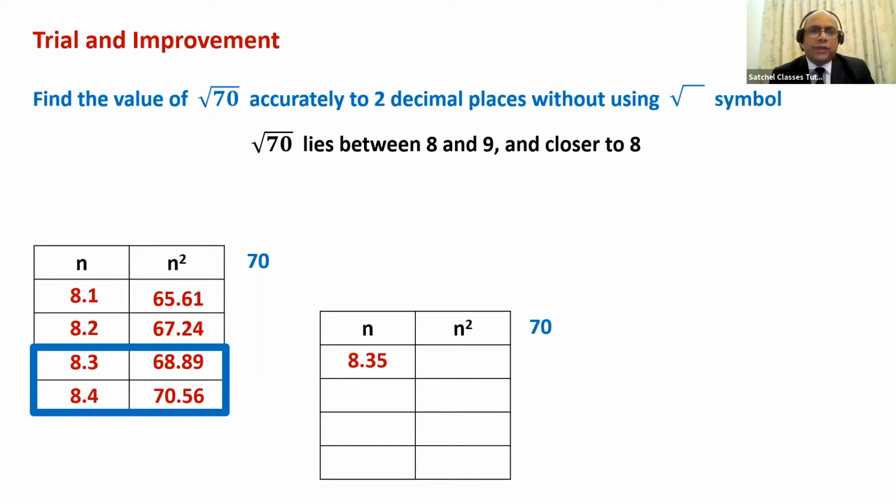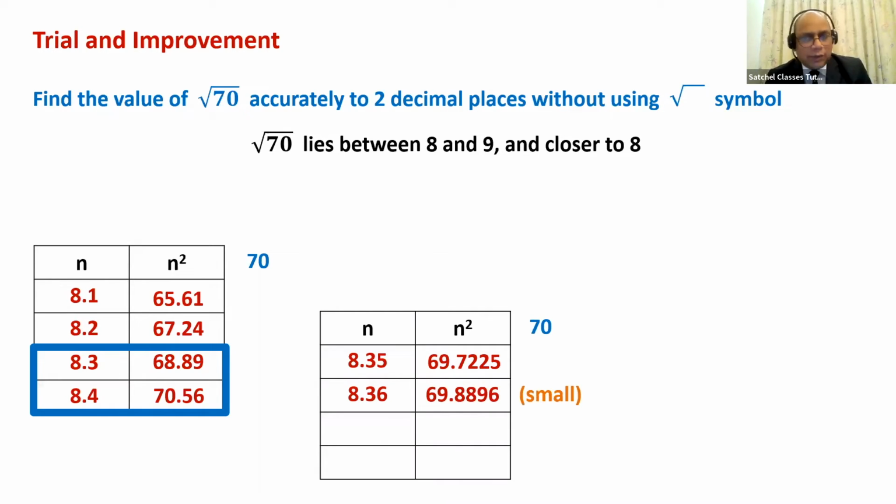What about 8.35? If I do 8.35 squared, I'll get 69.7225, which means your answer is clearly greater than 8.35 because we have still not reached 70, as you can see. How about 8.36 then? 8.36 squared is 69.8896.